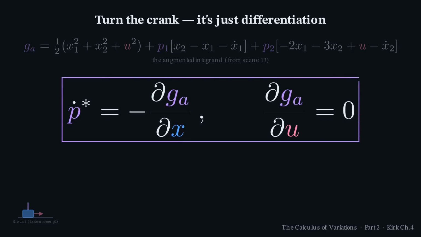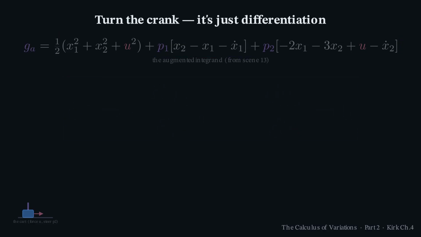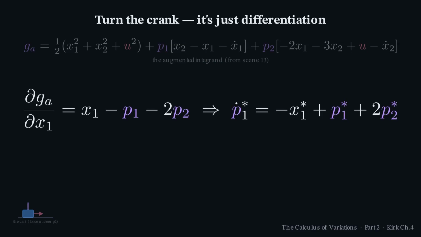The rule for the costates is this. The time derivative of each costate equals minus the partial of GA with respect to that state. So P1 dot equals minus the partial of GA with respect to x1. Differentiate. Hunt down every place x1 shows up in GA. It's in the cost as x1 squared and inside both dynamics terms. Collect them. The partial with respect to x1 is x1 minus P1 minus 2 P2.